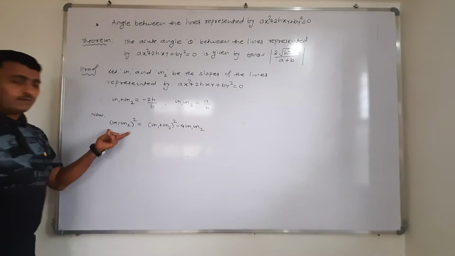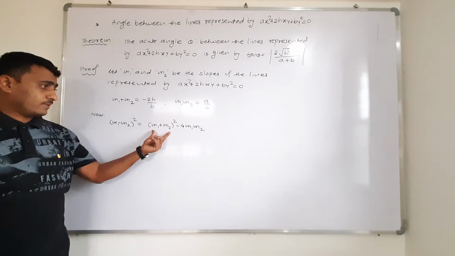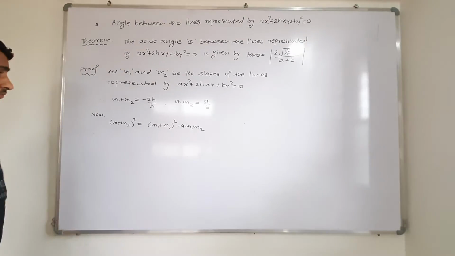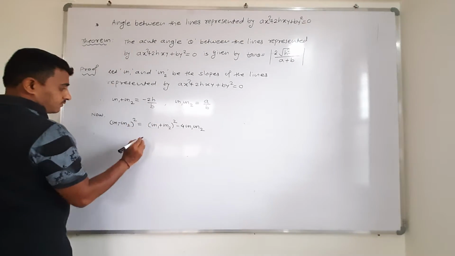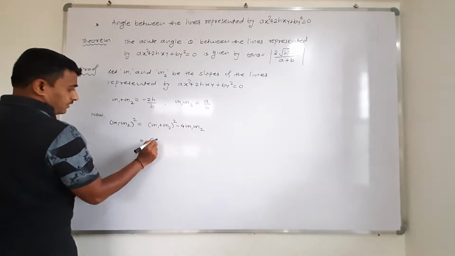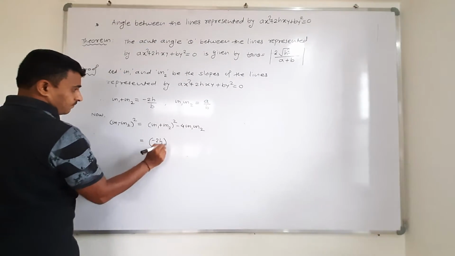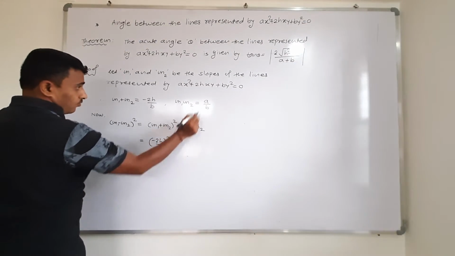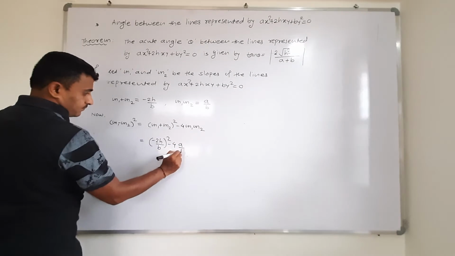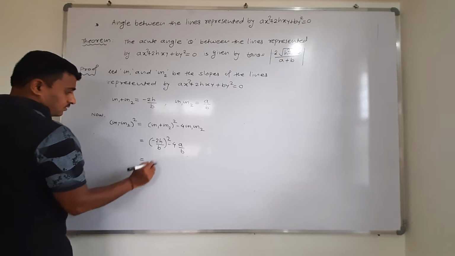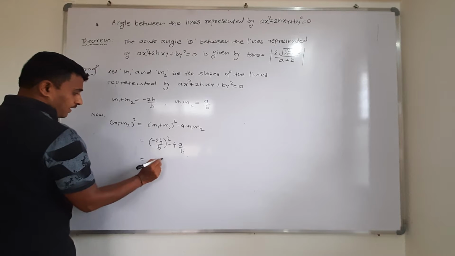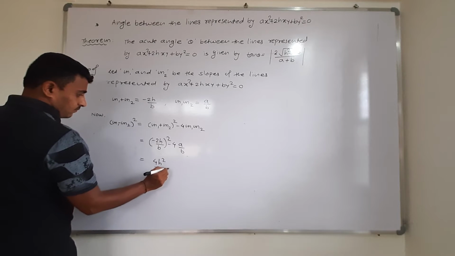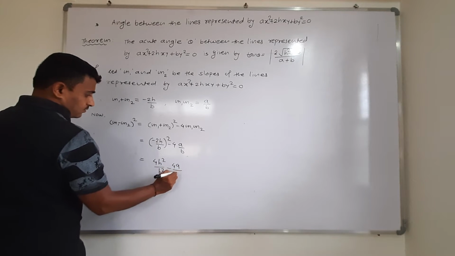So m1 minus m2 bracket square is equal to m1 plus m2 square minus 4 times m1 m2, that is minus 2h by b bracket square minus 4 times a by b, that is 4h square by b square minus 4a by b.